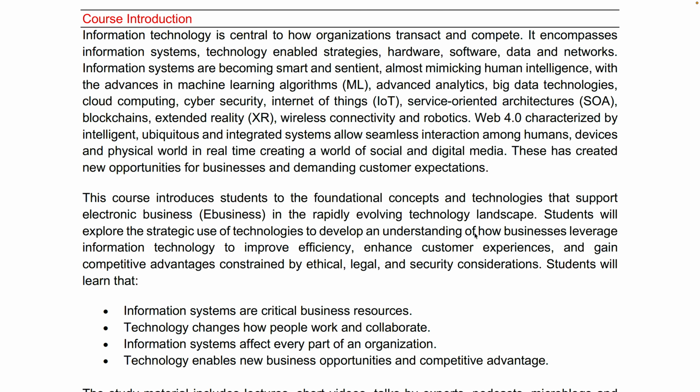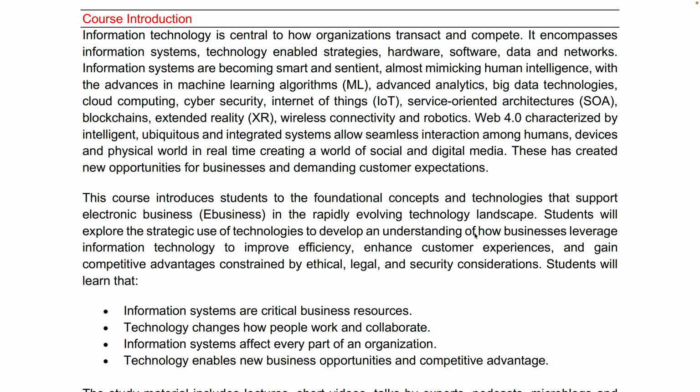Now this information technology encompasses information systems which bring together the various technological components to enable a business process and which result in technology enabled strategies, something that you can only do with the creation of the information systems.